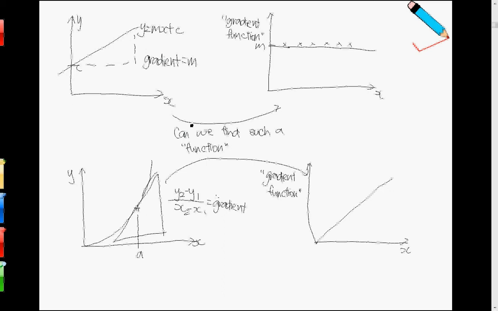But the question is, can we find such a function? And the answer is yes. If I know the function y equals f(x) over here, by finding f prime of x, I would actually get the gradient function.